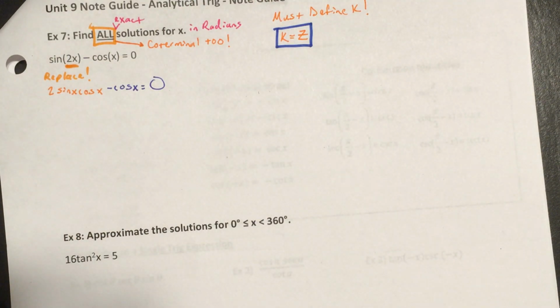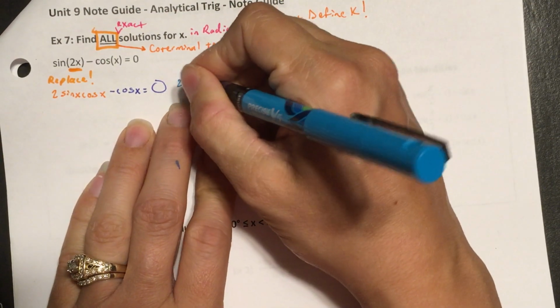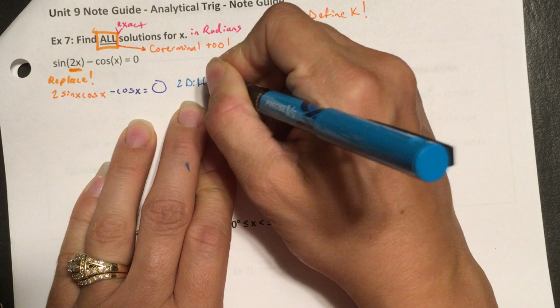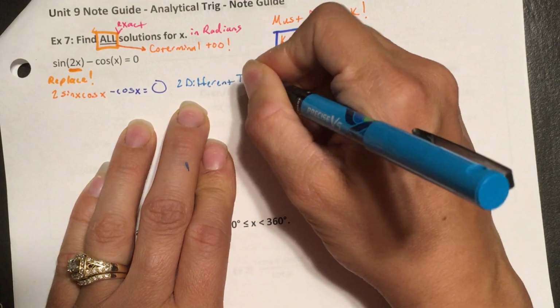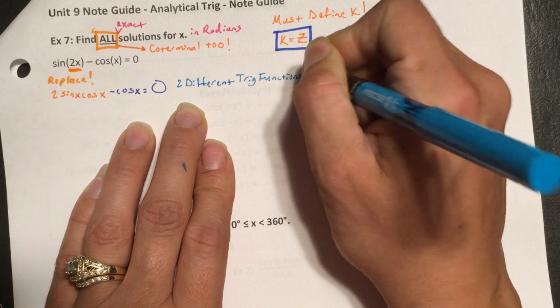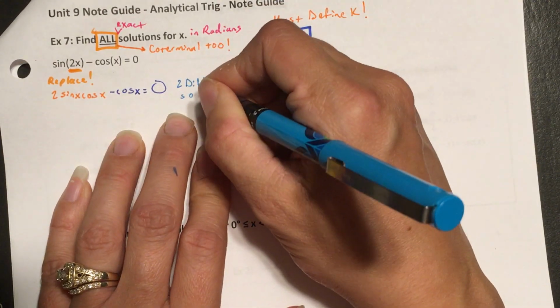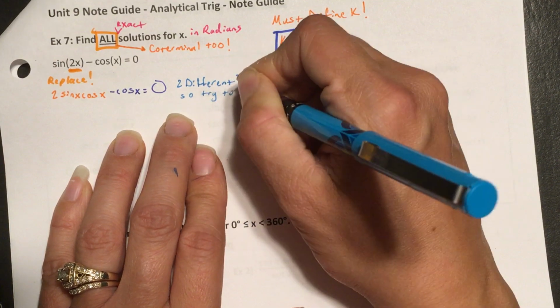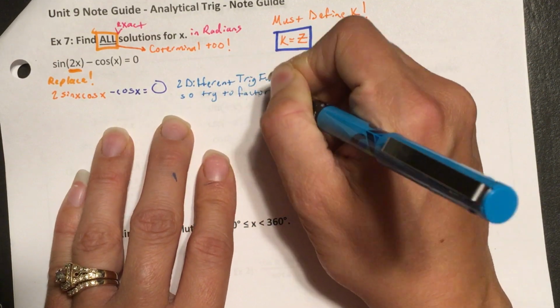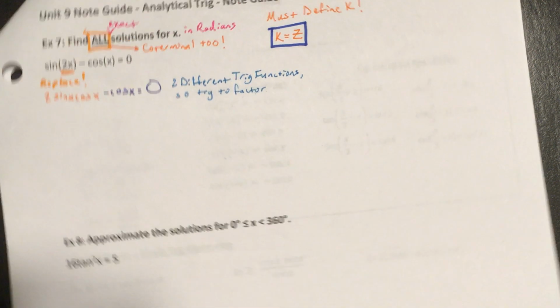So looking at our new setup, this isn't great because, again, we've got two different trig functions, which is like having two variables. So what we are going to do is try to factor. So if you look at this one, is there something we can factor out of both of these?